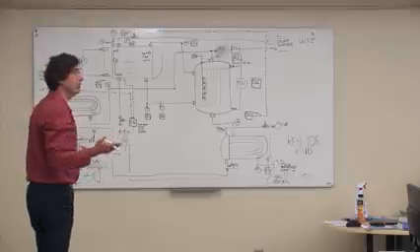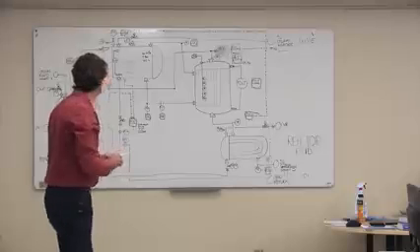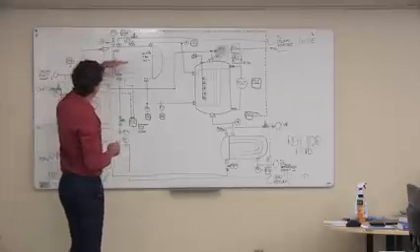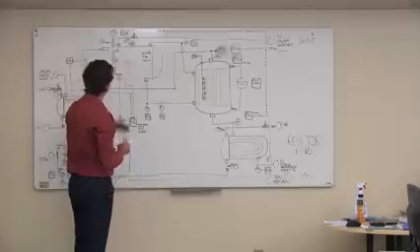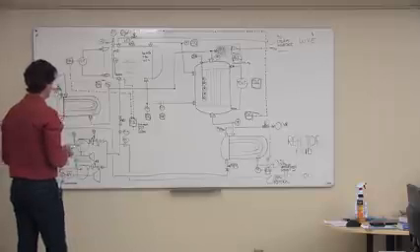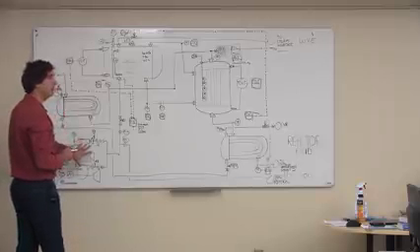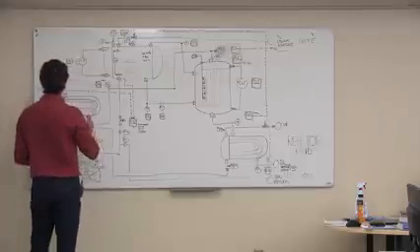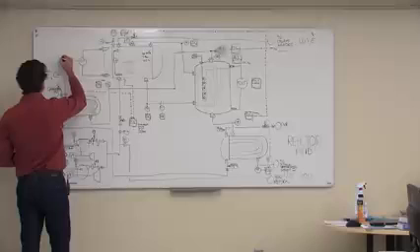Now what we need is probably some interlocks. We need some safety systems here. So if we start to get low liquid levels here, we could be getting ourselves into trouble. So we might want to automatically start a pump up if the level starts to drop. So what we should do is put a level switch low.